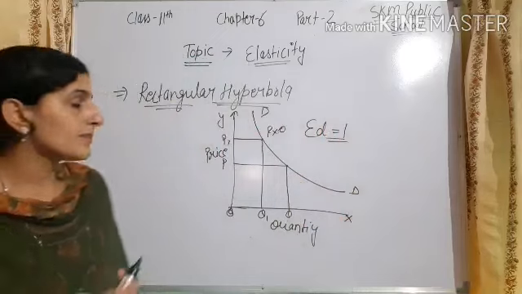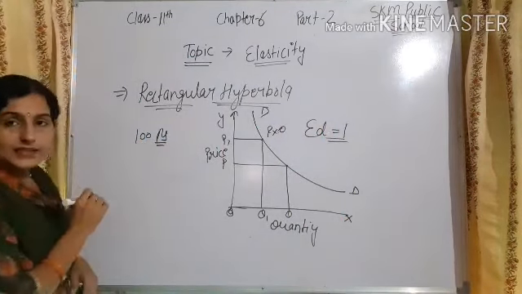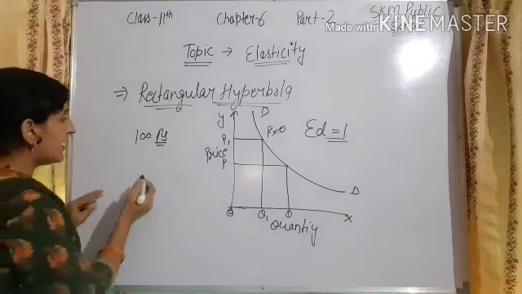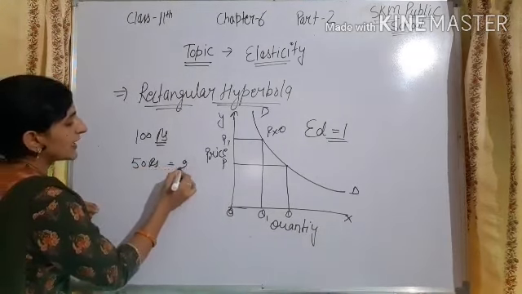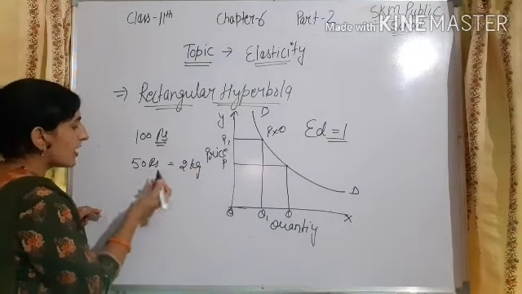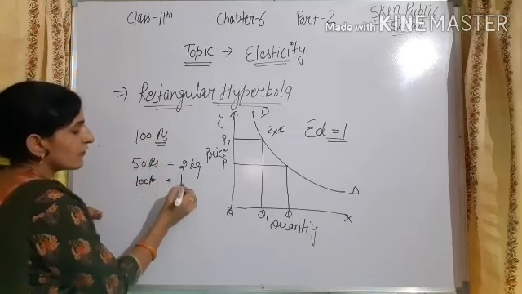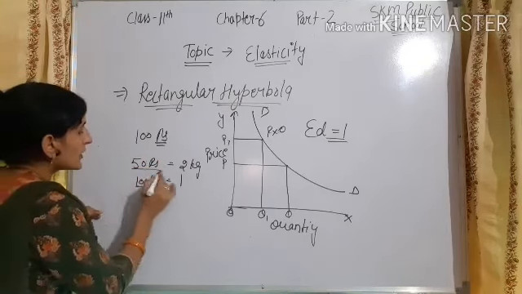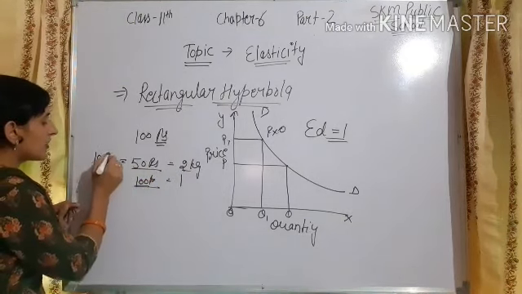For example, say we have an expenditure of 100 rupees. If the price of apples is 50 rupees per kg, we take 2 kg. If the price increases to 100 rupees per kg, then with 100 rupees we take 1 kg. So our total expenditure is constant: here also we spend 100 rupees.